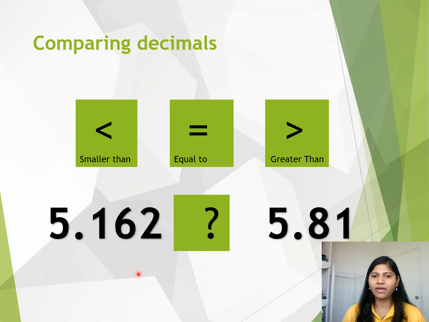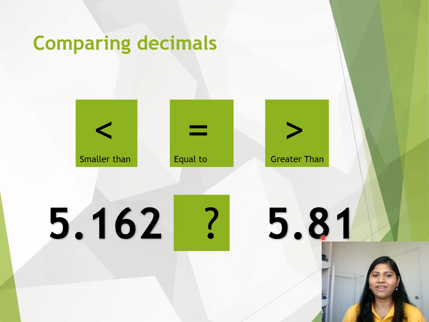For comparing these two numbers, we start comparing from the largest place value. Here the largest place value is ones. In the ones place we have 5 and 5. So 5 is equal to 5. We need to move to the next digit, that is after the decimal point, the first place value, tenths. So in the tenths place we have 1, and here in the tenths place we have 8.